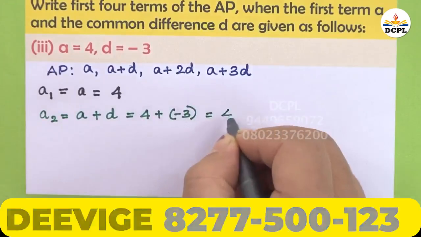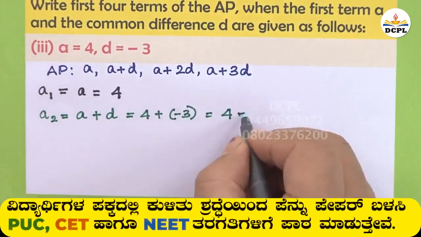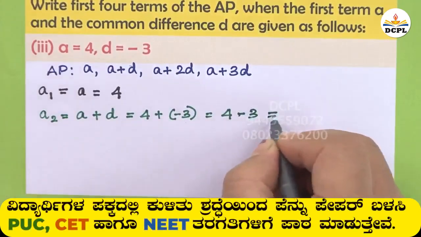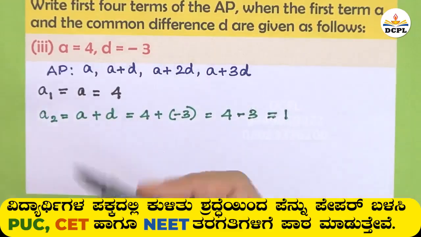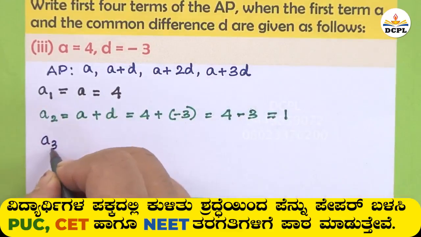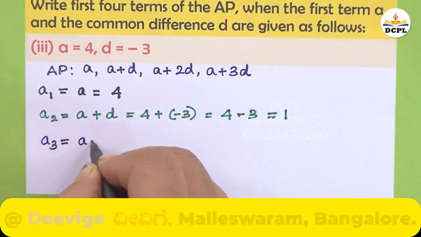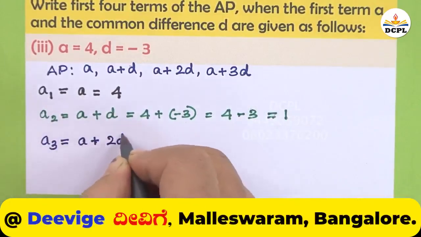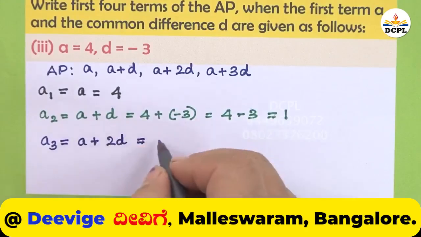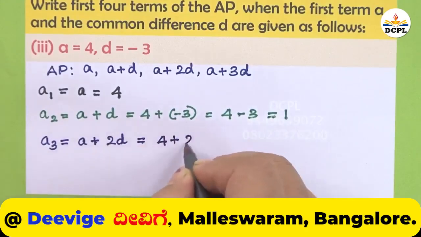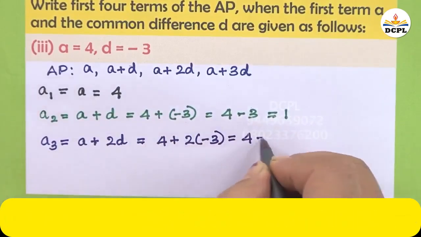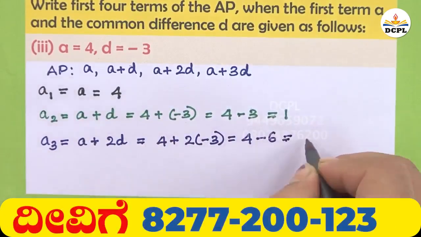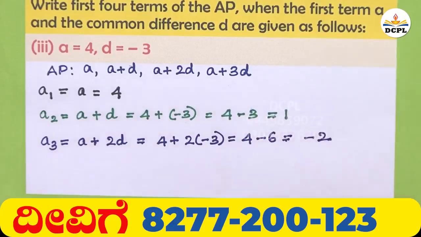So you all are familiar, plus into minus is going to give us a minus. So 4 minus 3, which is going to give you 1. Now let's find out the third term. A3 is given by A plus 2D. So just substitute the value 4 plus 2 into minus 3. So 4 minus 6, which is going to give you minus 2.